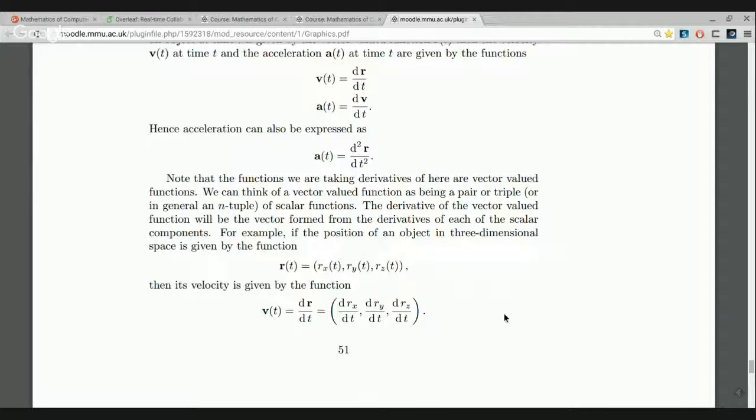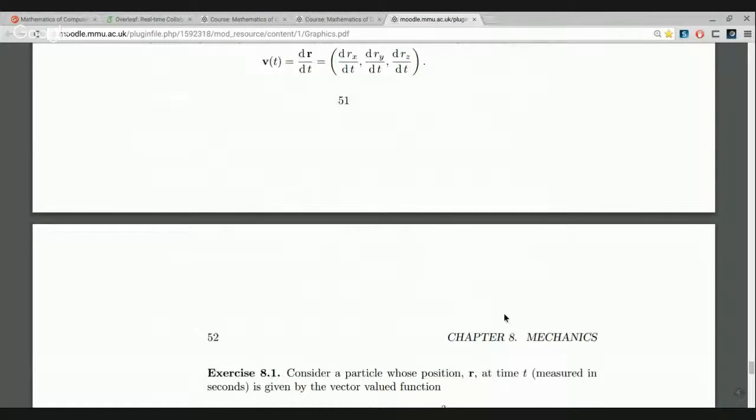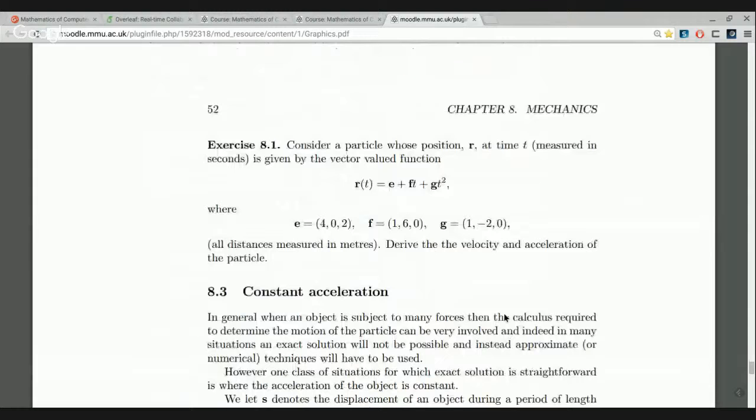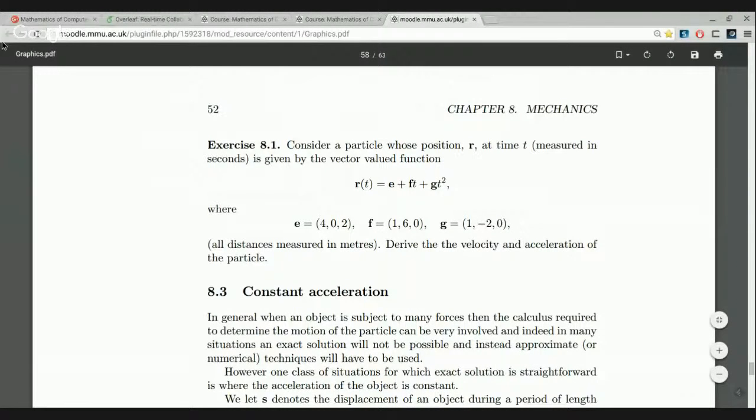So, straight away we've got our first exercise just to investigate some of these things, which is exercise 8.1. I'll put this on the screen. So it's just a first exercise to work with these.